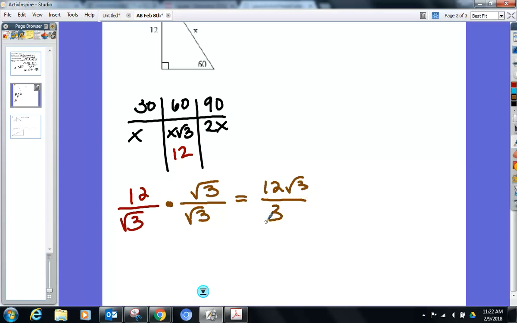No more radical in the denominator. Can you help me simplify this at all, though? Can we simplify it even more? Don't touch the radical. But 12 over 3 is going to be 4 square root of 3. So 4 square root of 3 is what's across from the 30.